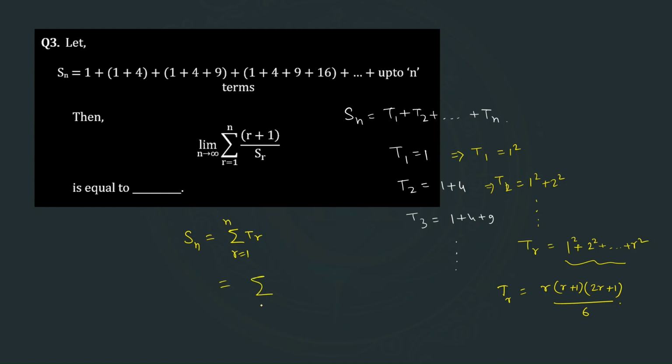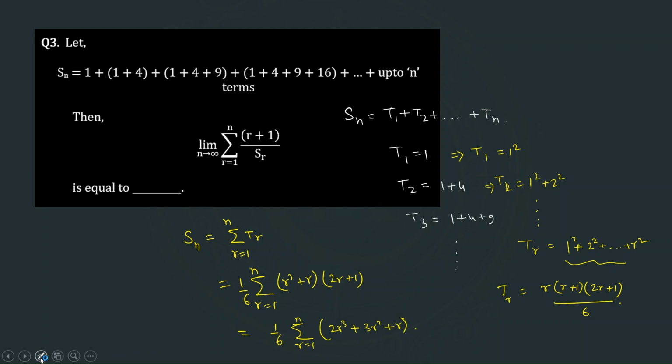We can take 1 by 6 outside, and if we multiply this, it will become R square plus R times 2R plus 1. So this becomes 1 by 6 summation R equal to 1 to n of 2R cube plus 2R square plus R square, so 3R square plus R.